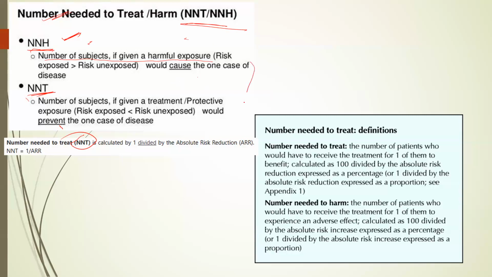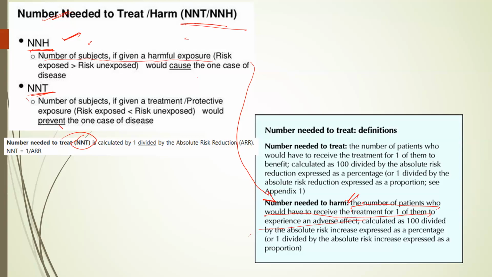Okay. And there's another way of putting the same thing. Remember, the one which generally comes in the exam is the second one, and it is the number of patients who should receive a treatment for one of them to experience an adverse effect. This is one way in which it is framed, and this has come in the exam.